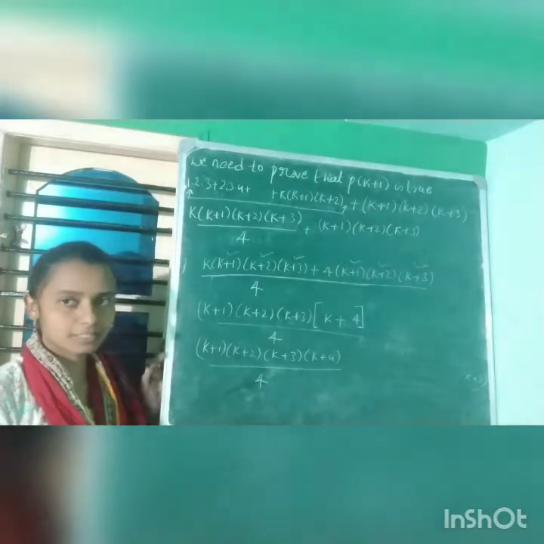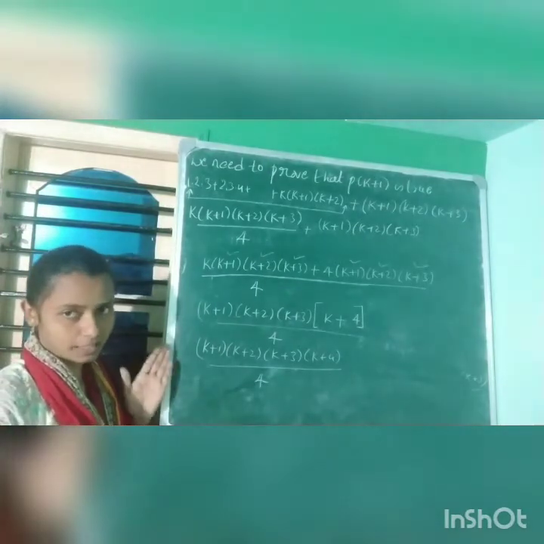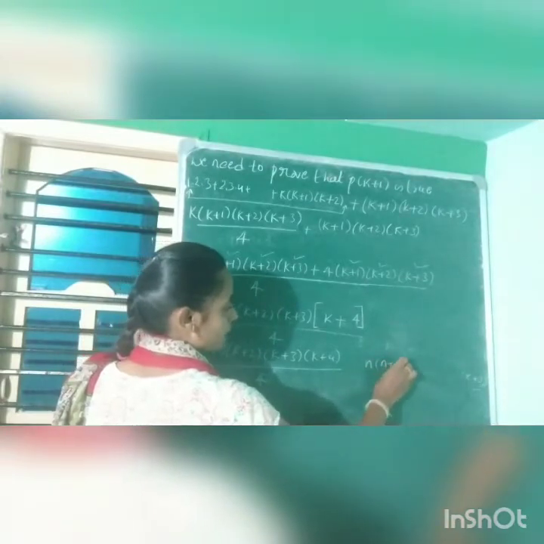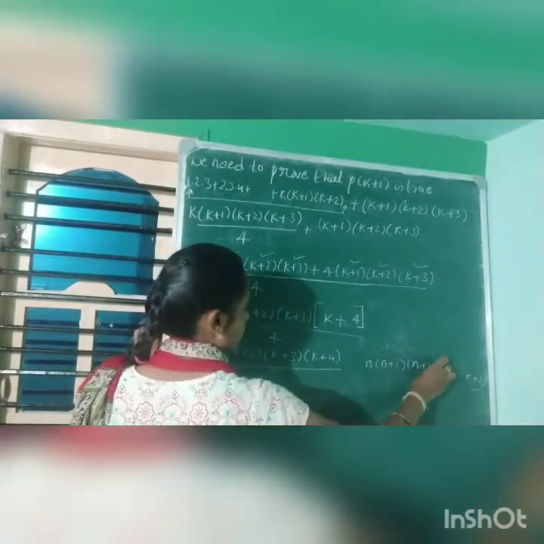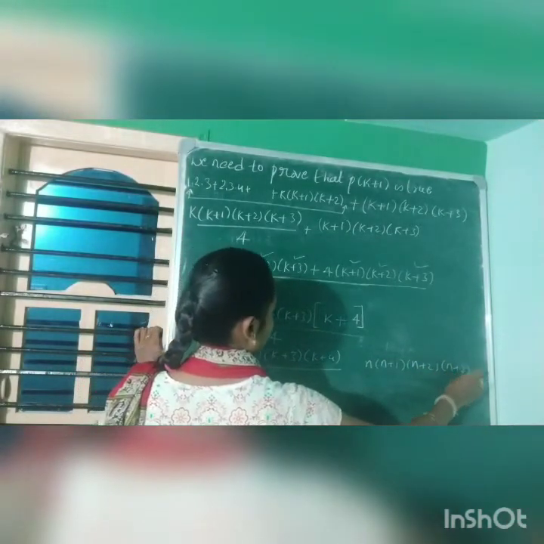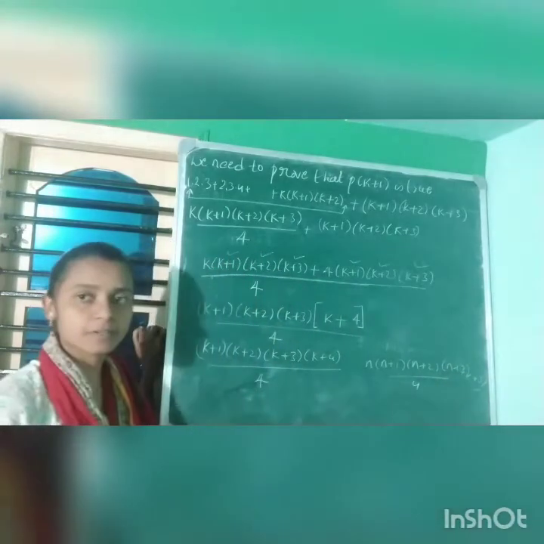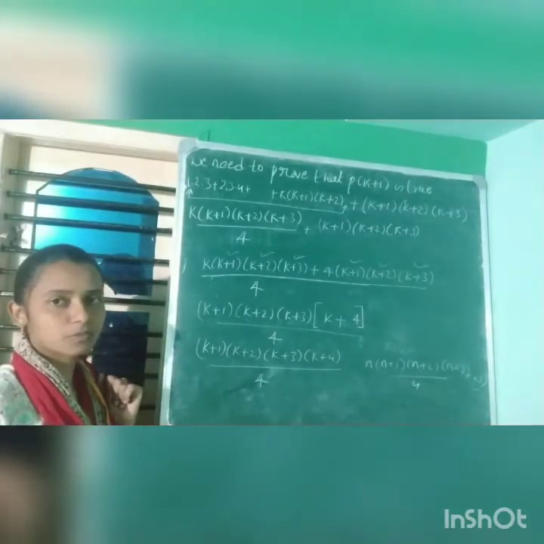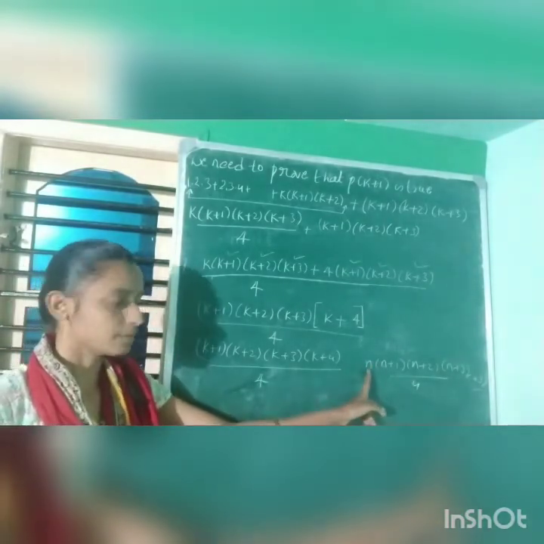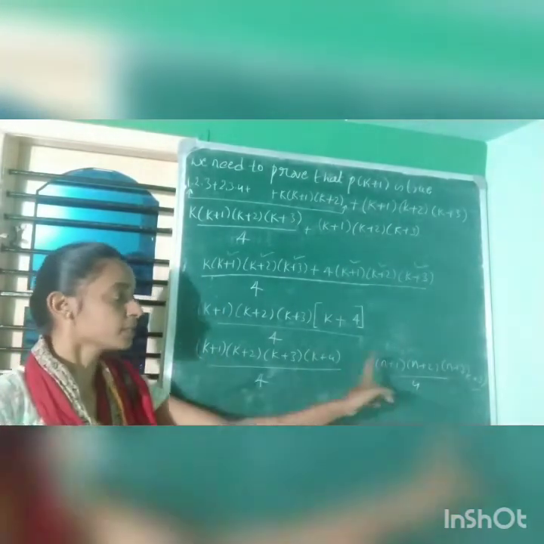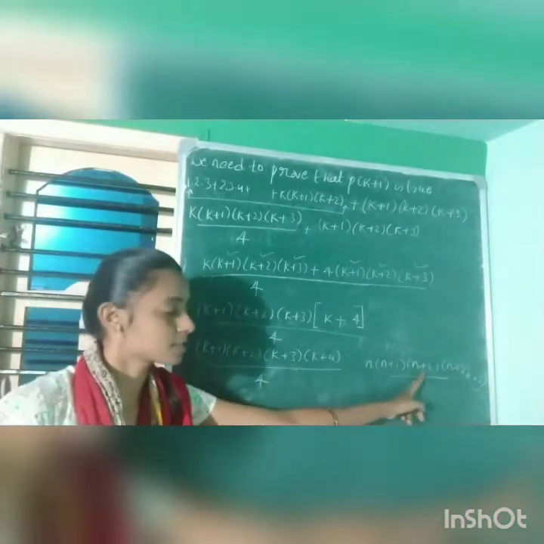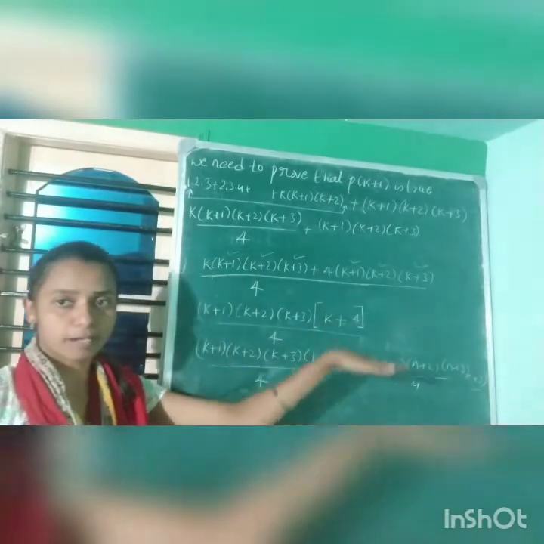If you compare this result with the RHS of the given statement, there we have n into n plus 1 into n plus 2 into n plus 3 divided by 4. Now in the place of n, we have k plus 1 here. In the place of n, k plus 1, then k plus 1 plus 1 is k plus 2, then k plus 3, k plus 4, divided by 4.